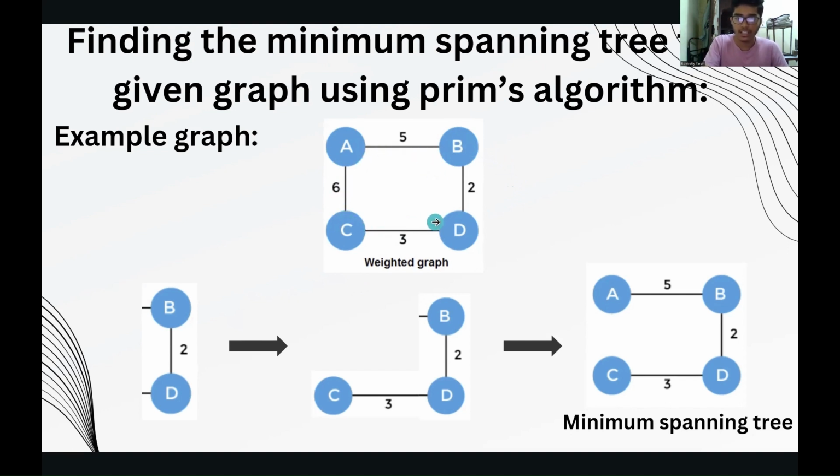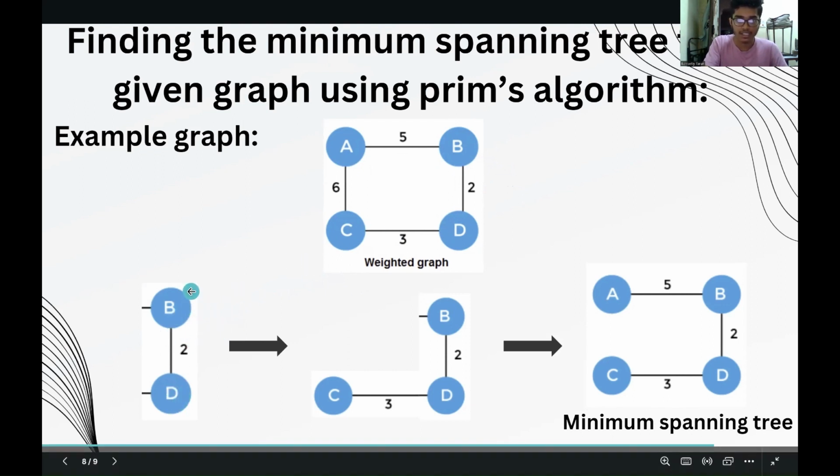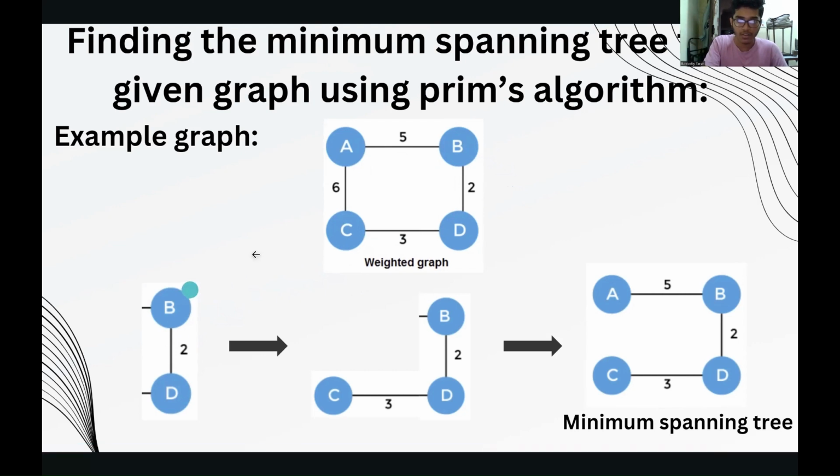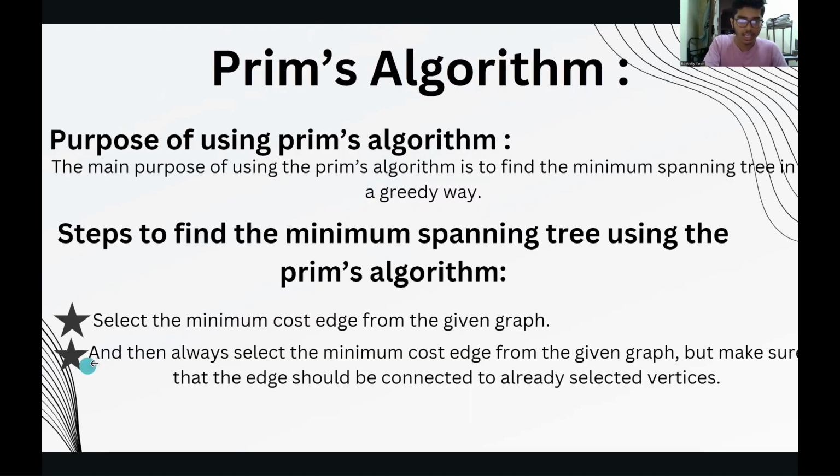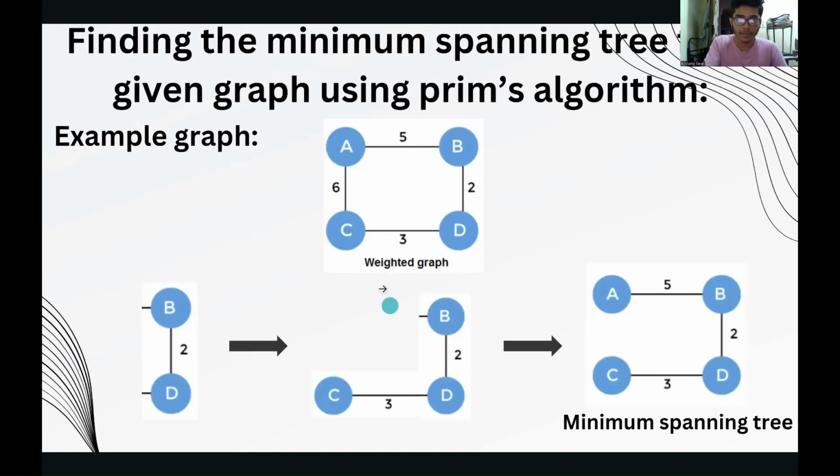As we can see here, the edge which has the minimum weight is BD, which has only weight 2. So first we take BD as the first edge, and then we take CD, because, as the second point explains, we always select the minimum cost edge from the given graph, making sure that the edge is connected to already selected vertices.